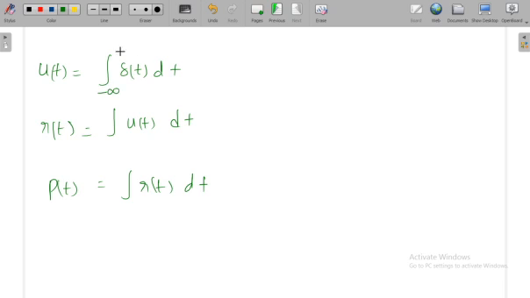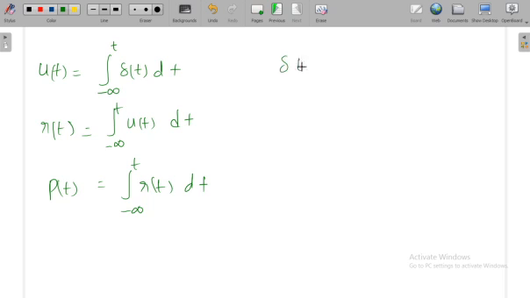The limit is from minus infinity to t because we do not know where we are; t could be anything. Similarly here also, minus infinity to t. But please remember that t is positive t, because all our signals work on the positive side.